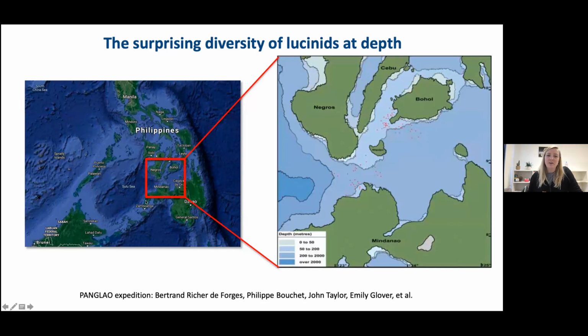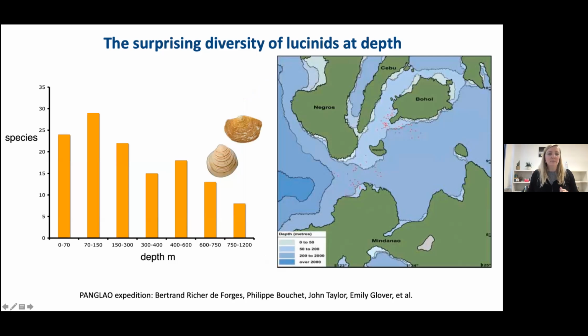But a few years ago, an expedition set out from the Philippines that aimed to look at a depth gradient, look at biodiversity of animals in sediments, moving away from the coastal regions of islands in the Philippines, and sampling down into deeper depths. And John Taylor, as the lucinid expert, was on this expedition, and he looked at the diversity of the clams that he found across a depth gradient in all of these samples.